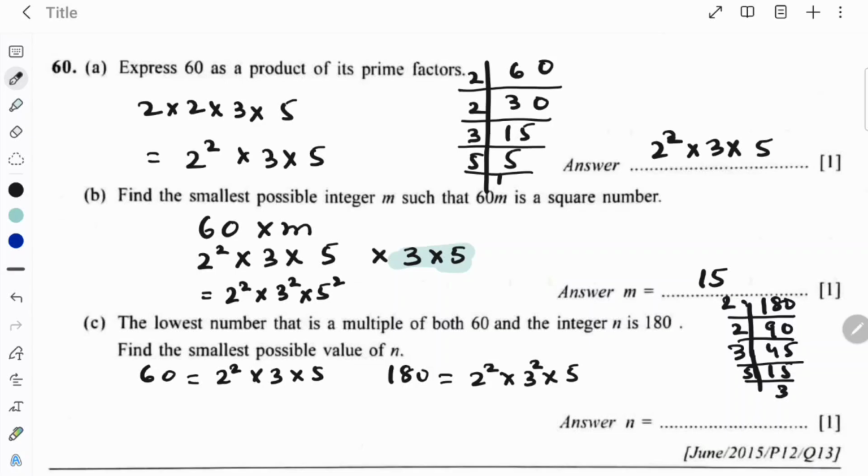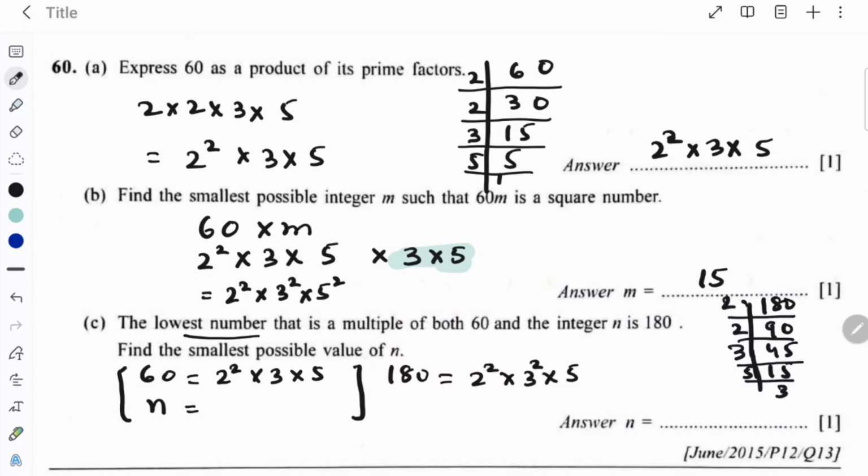So they're telling you the multiple of both 60 and integer n is 180, and we don't know what integer n is. Okay, just check: 60 is 2 square into 3 into 5, and 180 is 2 square into 3 square into 5. So it means if we take the LCM, the lowest number, of 60 and n, then it will be 180.